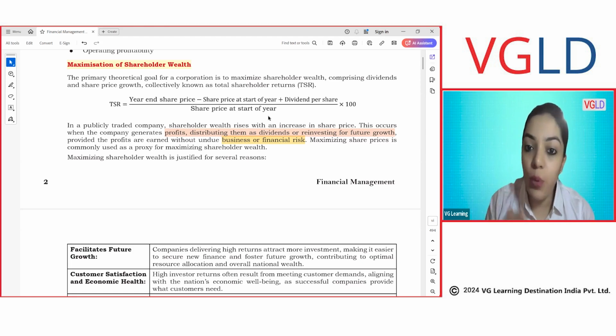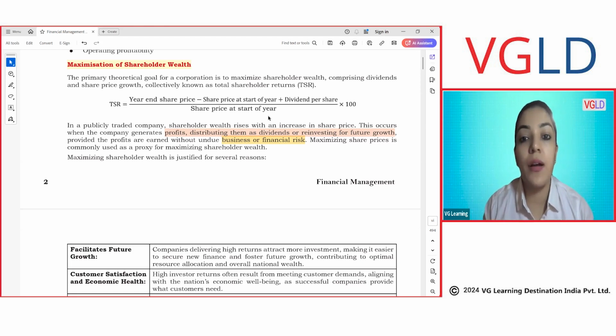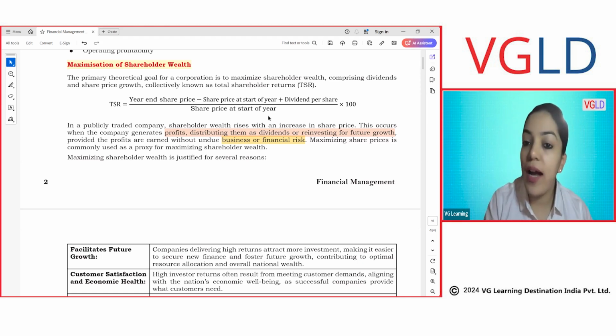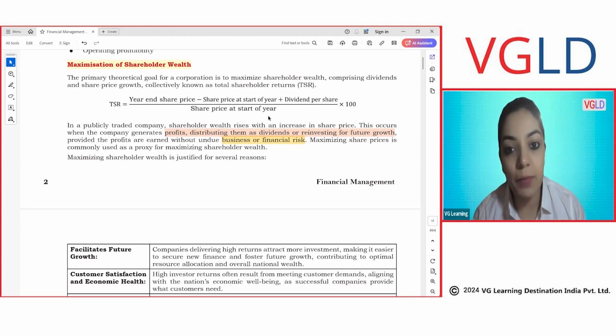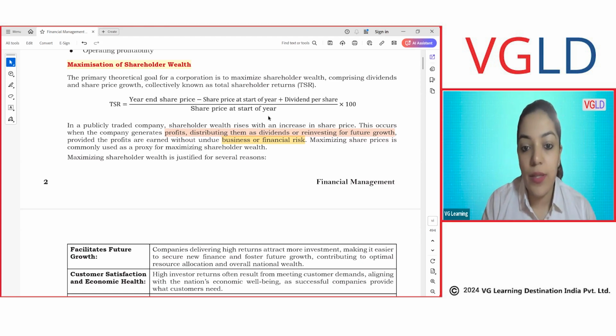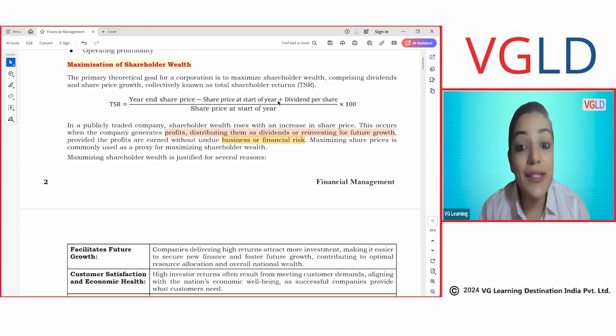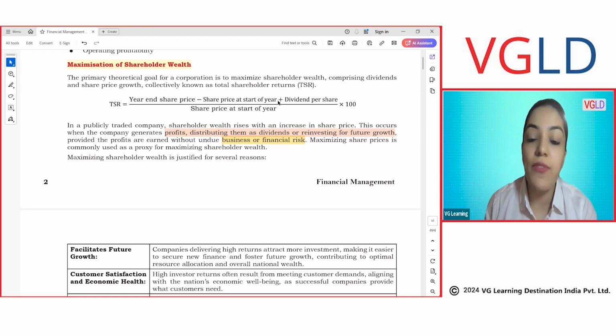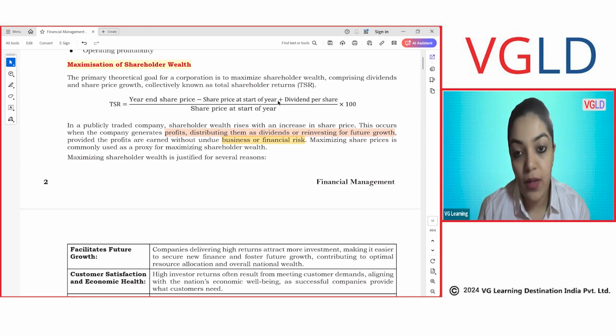Because you are supposed to pay a fixed amount. Whether or not you earn profit, you have to pay interest on debt. You have to repay the debt when the due date comes. So there are fixed obligations when it comes to debt.